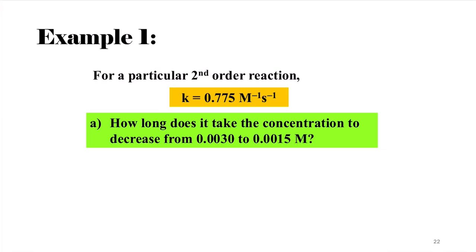All right, so how do you guys want to solve this? Integrated rate law. So we can use the integrated rate law. Does anyone know another way we could solve this?